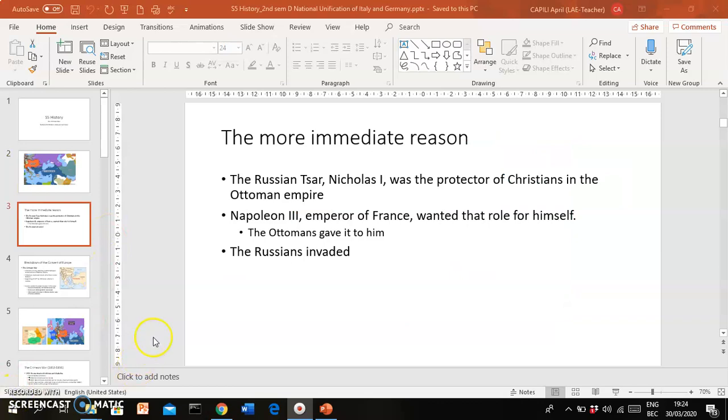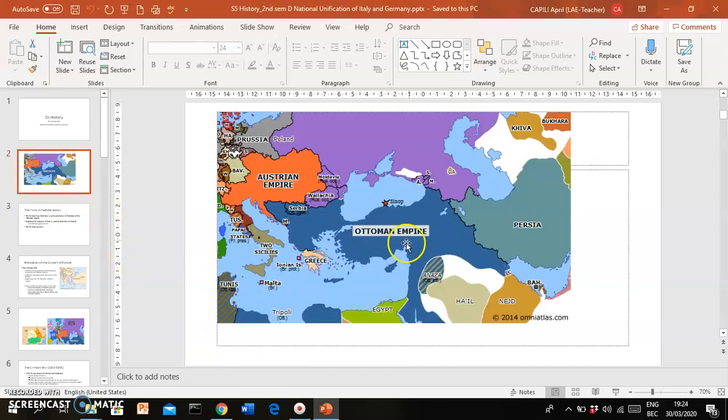So why does the Crimean War happen? There's a quite immediate reason. You can call it a pretext, but this was something that world leaders at that time were actually talking about. That this was their concern. You just saw on this map that the Ottoman Empire actually controlled quite a bit of southeastern Europe.